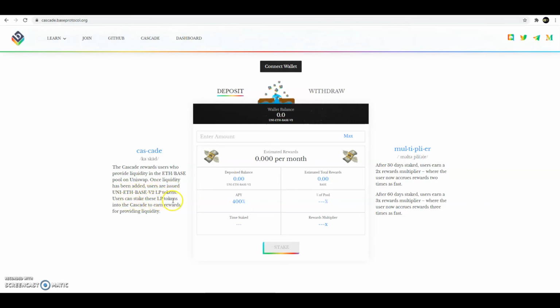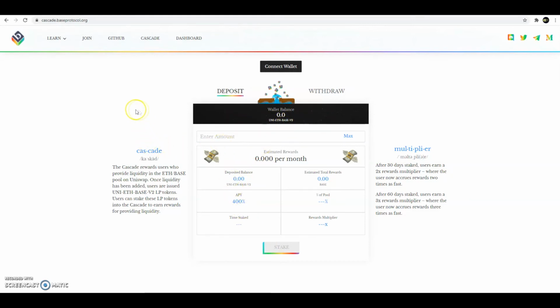Users can stake these LP tokens into the Cascade to earn rewards for providing liquidity. So once you have deposited, you would enter the amount that you've got. You have to go here and click stake, and it would take you to your MetaMask wallet, where you'll have to go through the process of staking your token.